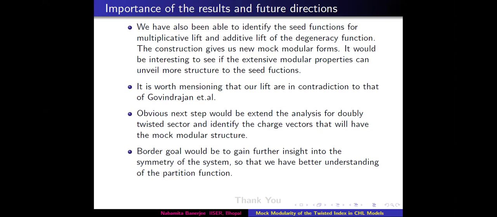They are very different prescriptions, but finally give me the same thing. I know the final degeneracy function has this rich structure. Would it tell us something about the seed function? And if it does, does that have any importance in the context of my physical system? I do not know the answer, but I think this is interesting.